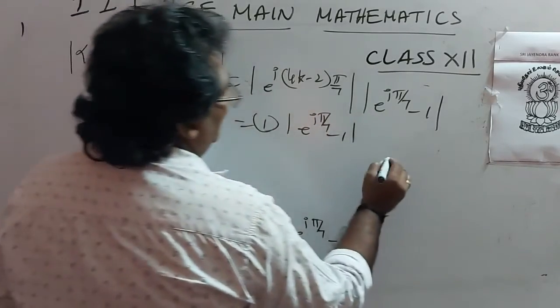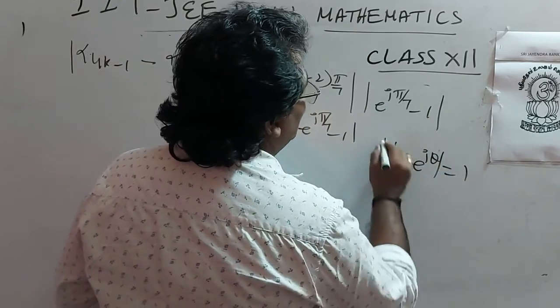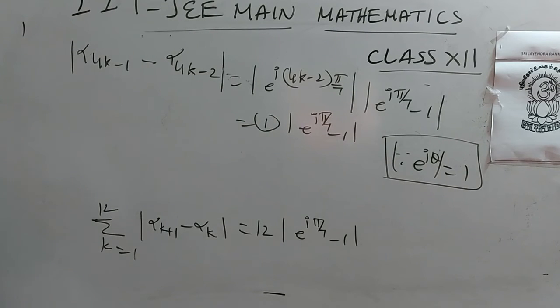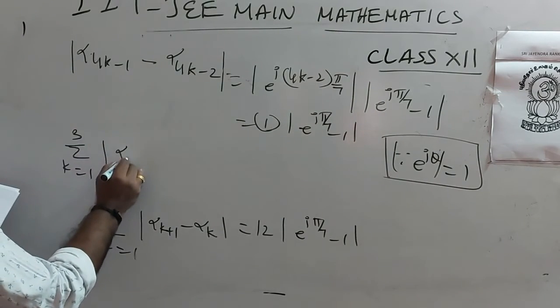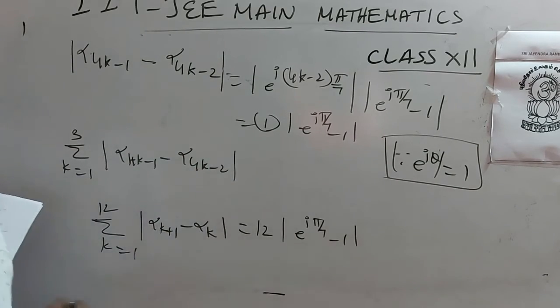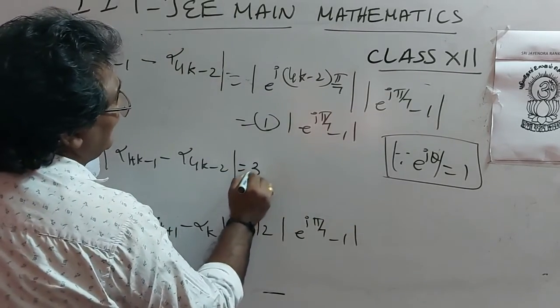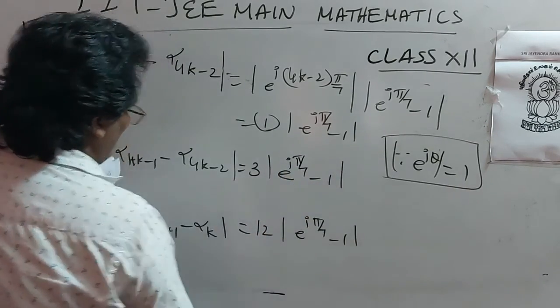This is in the form of e power i theta, and the modulus of e power i theta is always equal to 1. So the summation for k equal to 1 to 3, as k varies from 1 to 3, gives 3 times |e power i pi by 7 − 1|.